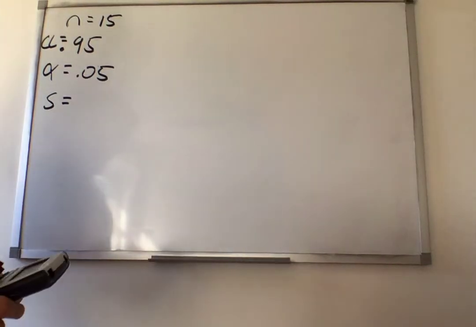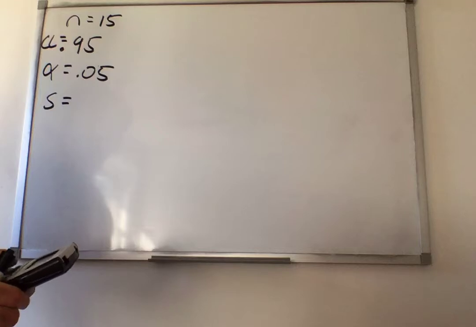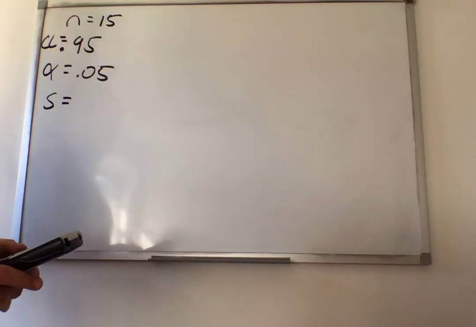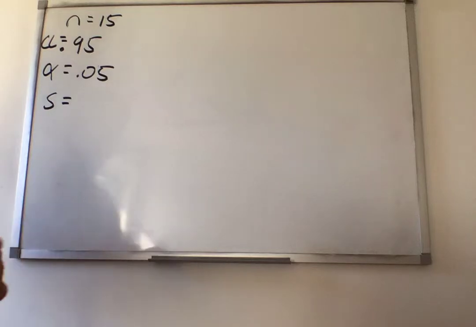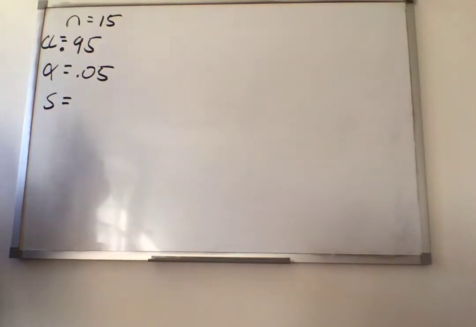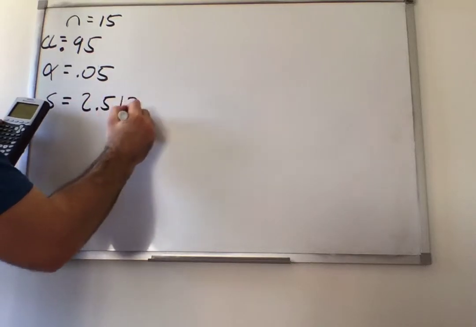Okay, so if you remember how to get your sample standard deviation, we enter the numbers into the list. You go to one variable stats, list one, frequency list we're leaving blank. We go to calculate, and we want the sample standard deviation, which is 2.512.